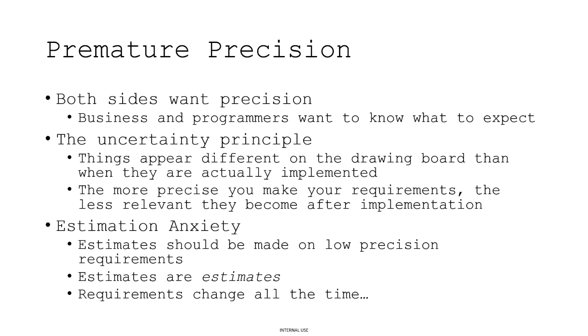You want estimates to be made with the least amount of detail in the requirements, because estimates at the end of the day are just estimates. You shouldn't be getting anxiety about the estimates. I think that's what he was saying in this section, because the requirements change all the time. So make the estimates as low precision, as less detailed as possible.